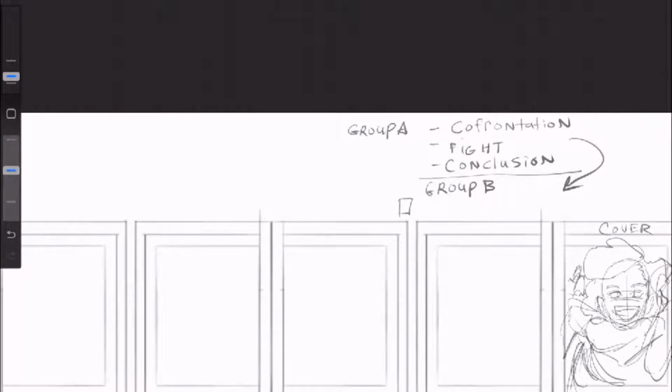I want most of this issue to be the fight scene and the confrontation, so it's mainly going to be focused on group A, but I do want a certain amount of space dedicated to group B. I'm thinking at least 5 pages, maybe 7, but at least 5.